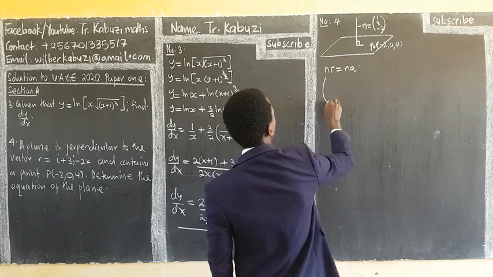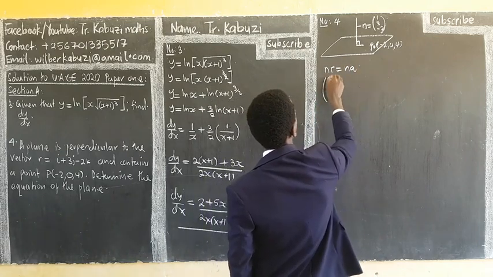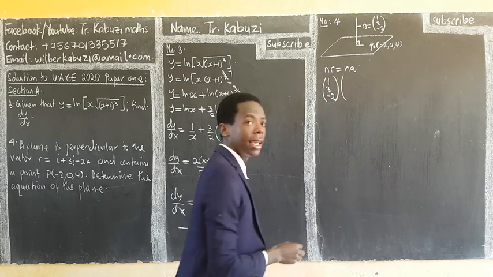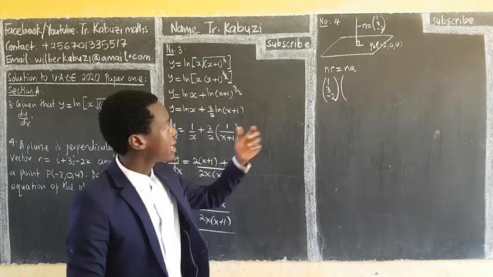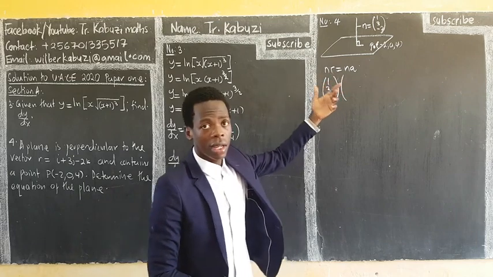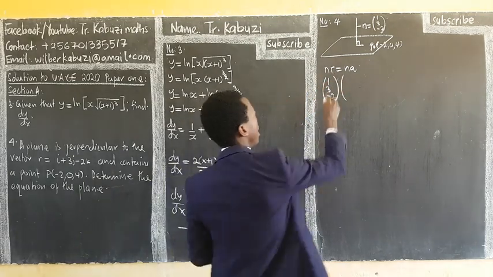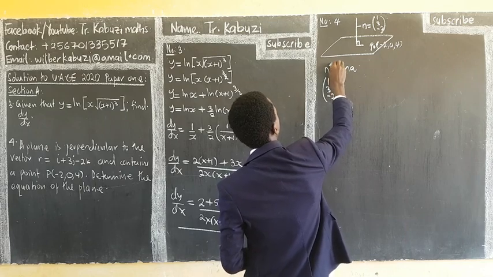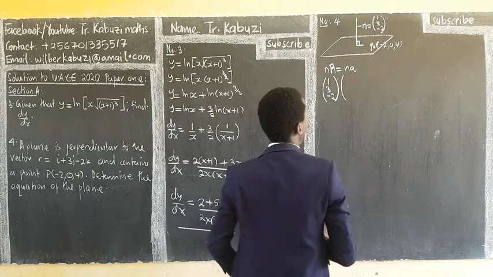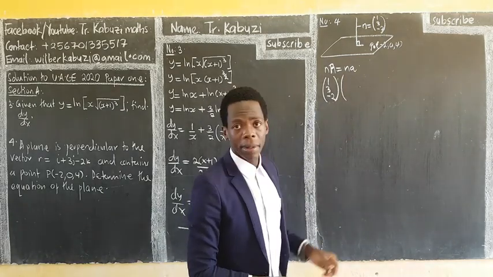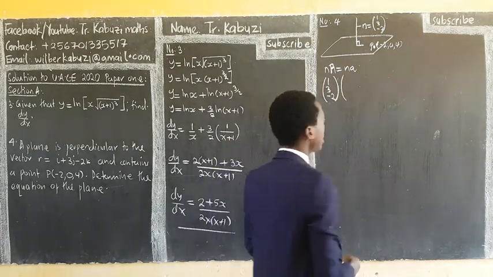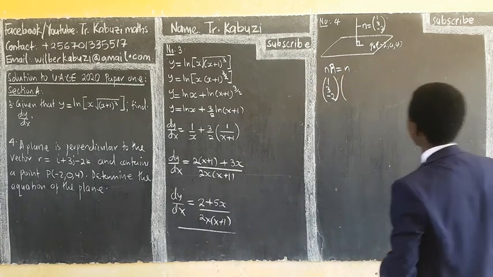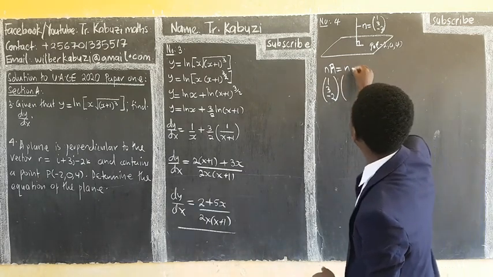So from there, our normal vector is (1, 3, negative 2) dotted with (x, y, z). This r is always a general point on the plane. You can write it as capital R so that you can differentiate it. So this A is our P, a point.